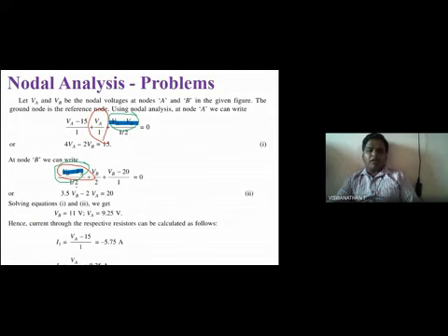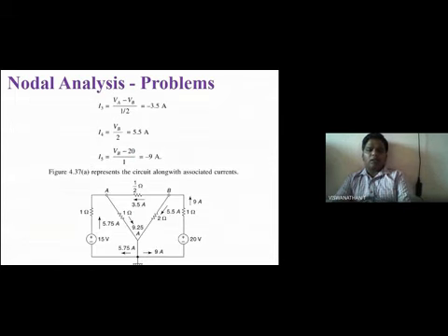By solving equations 1 and 2, I get the values 11 volts and 9.2 volts. The branch currents you can easily calculate from simple Ohm's law. So we can calculate all the currents: 9.25, 5.5, 9 amps. Finding the branch currents means you need to find all the currents.